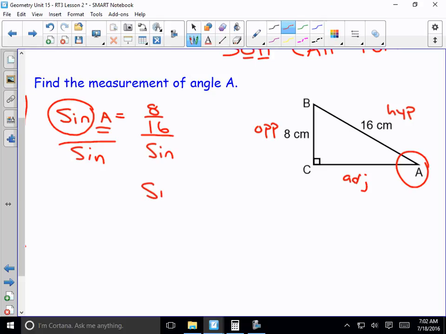We just turn this into a sine -1, because that is a way of talking about a value that's in the denominator of 8 over 16. So we get A equals sine -1 of 8 over 16. So second sine, 8 divided by 16, or 1/2, equals 30. So we get A equals 30.